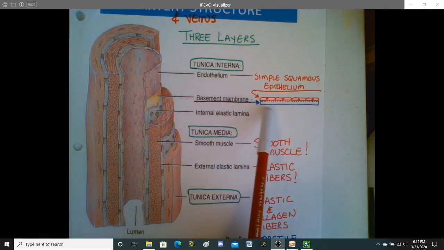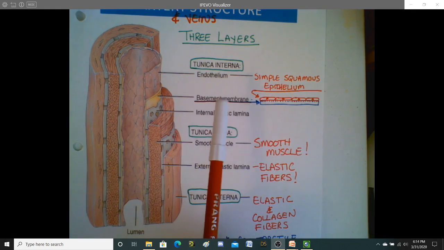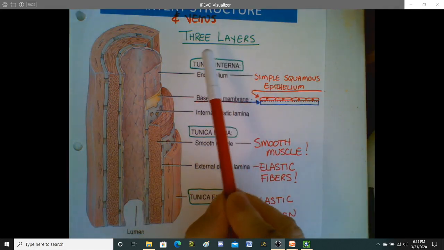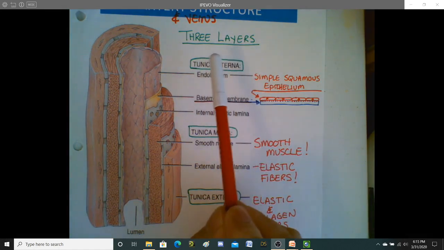This is just one layer of tissue. And so, for example, white blood cells can make their way to the endothelium and then squeeze through, like those macrophages emigrate. They move through the tunica interna and then exit out of the blood vessel. So both arteries and veins have a tunica interna.